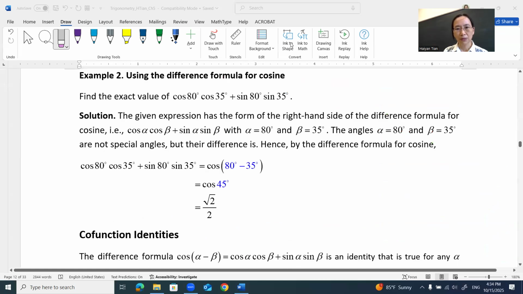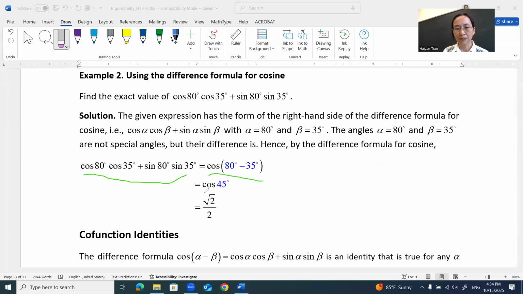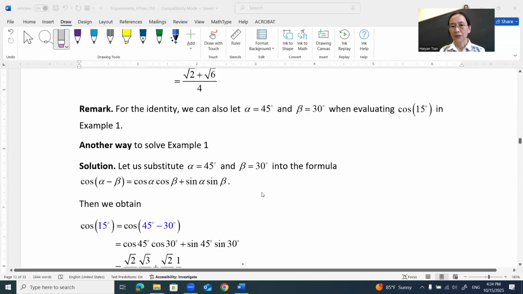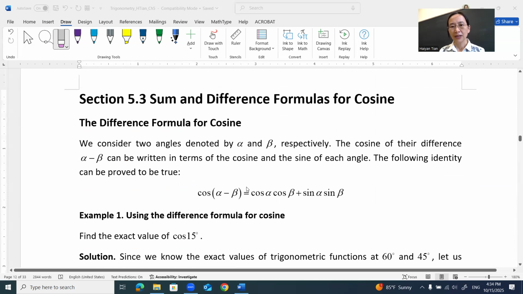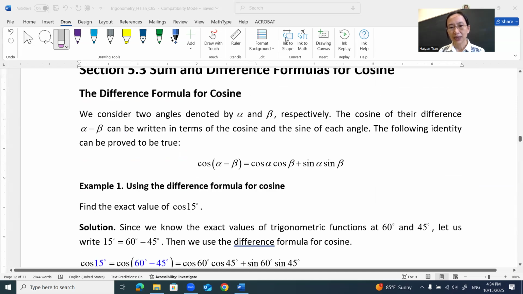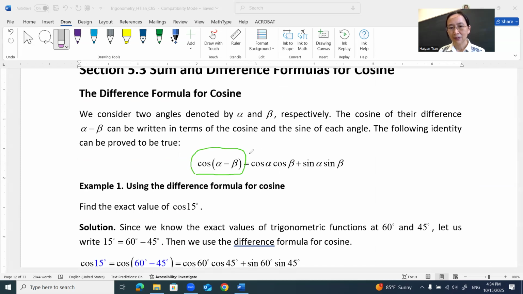To solve this problem, we applied the identity this way to get the final value, which is the exact value of the given expression. So far, you see we can use the identity, right? Given the left-hand side, you can replace it with the right-hand side.